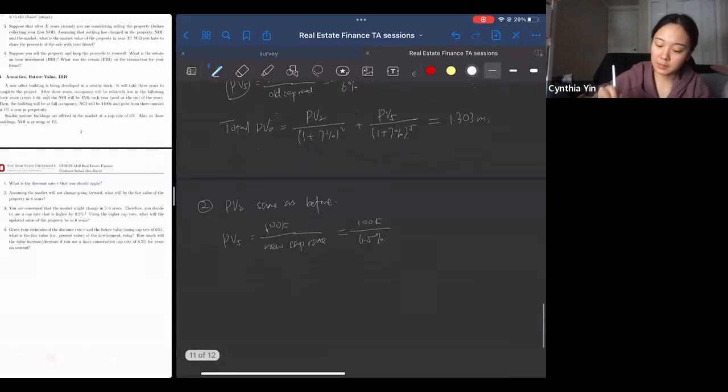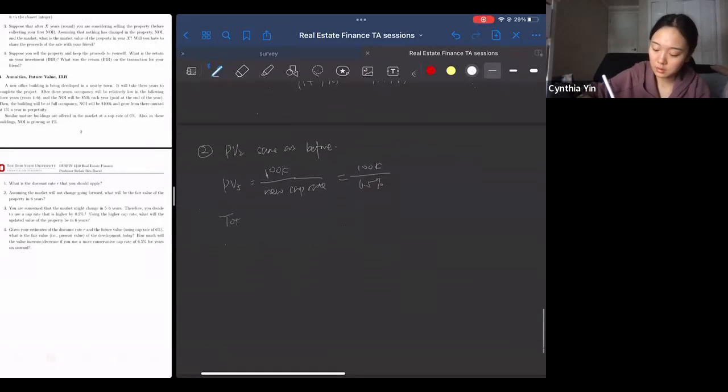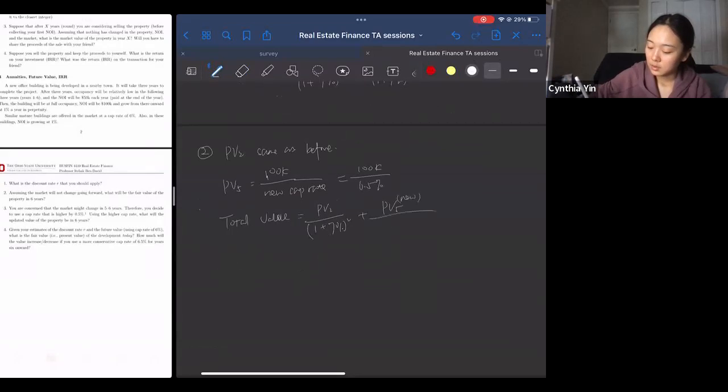And let's do the same thing as before. It will still be PV2 discounted at 7% back to today plus the new PV5, discounted back to today.